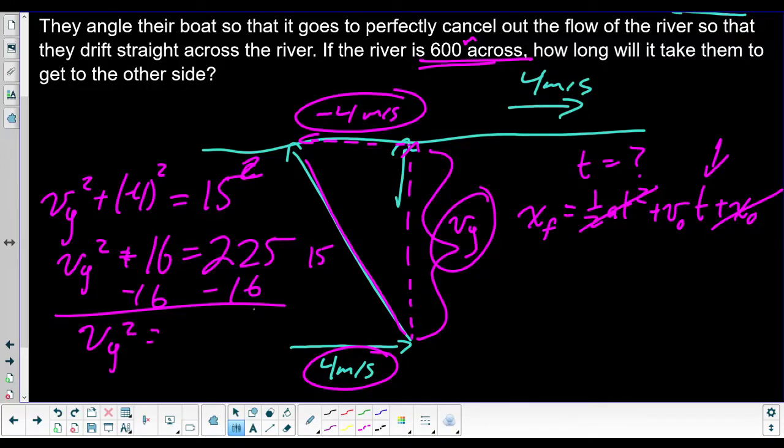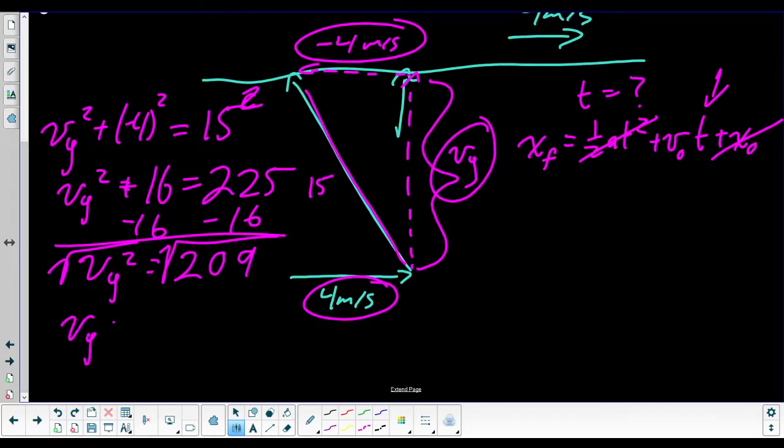Vy squared equals, quick maths, 209. Then we take a square root. Sorry, behind the scenes, we're taking a square root. And we get Vy equals 14.46, rounding, meters per second.